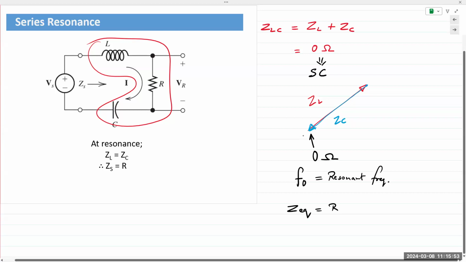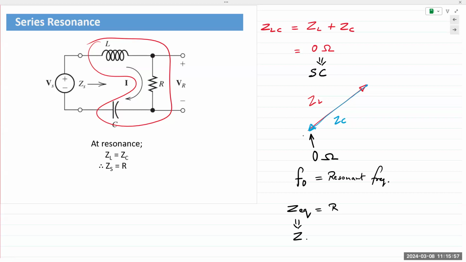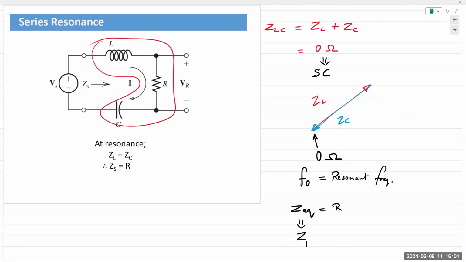Because this is a series circuit, that ZEQ is also labeled as ZS. That's just the notation. It doesn't mean anything else beyond that.